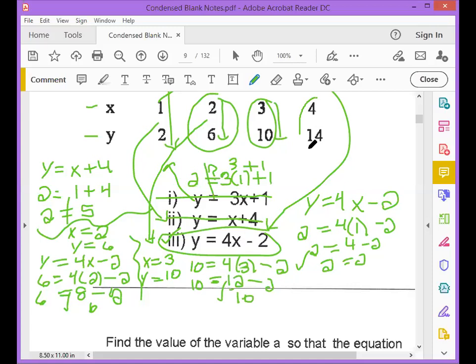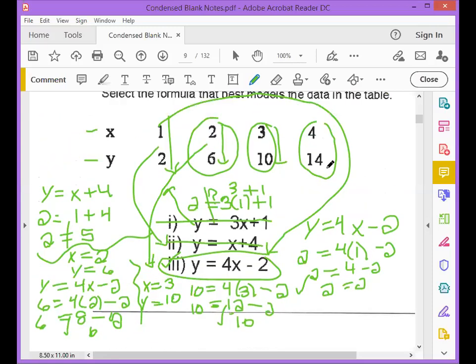And now we'll try the last 2 points. Just confirm that when we have 4 for x, it's equal to y being 14. So now we're substituting 4 for x and 14 for y into this equation. Y equals 4x minus 2.